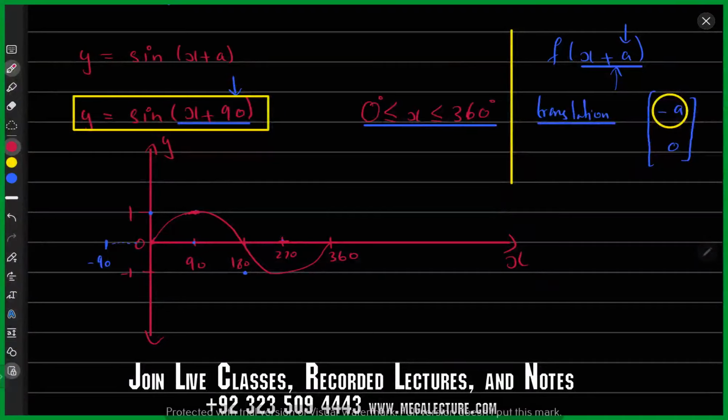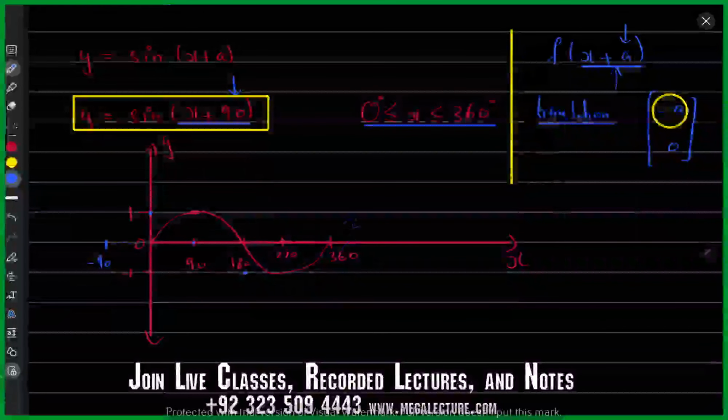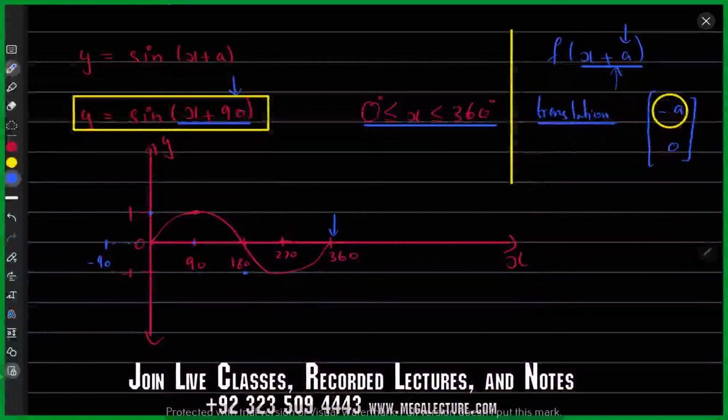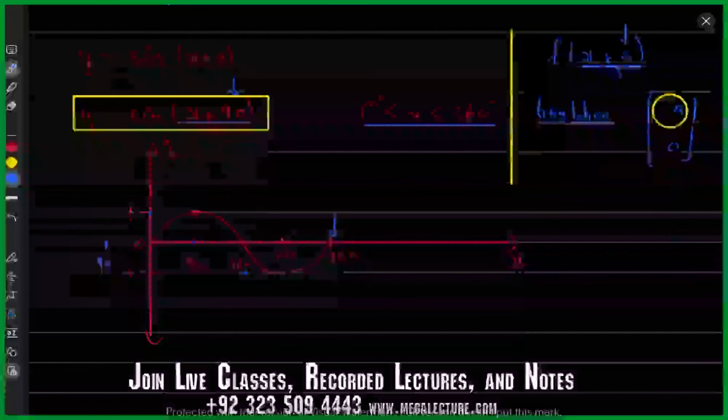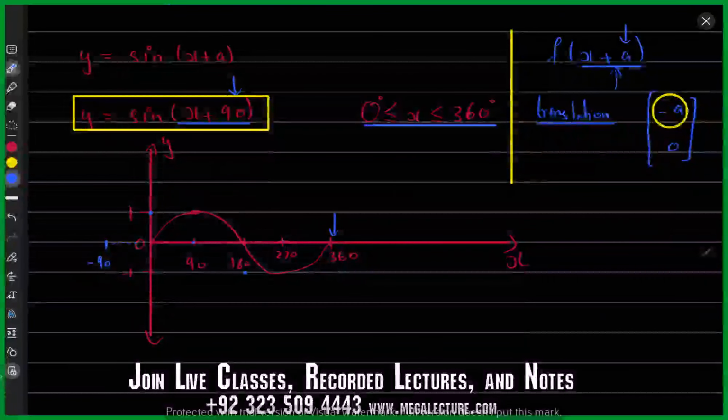Then if I talk about this point right here, that is at 360 degrees. This would be moved 90 units to the back, and this would come here. I do not have any other point, so I am just going to connect this.